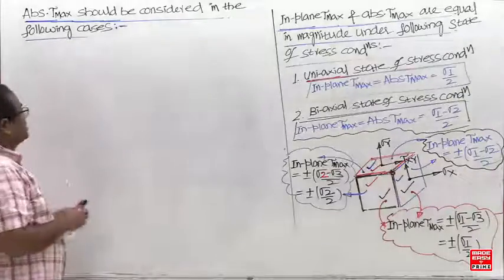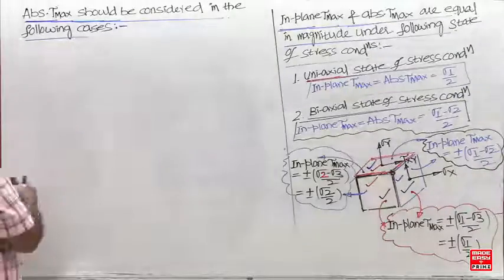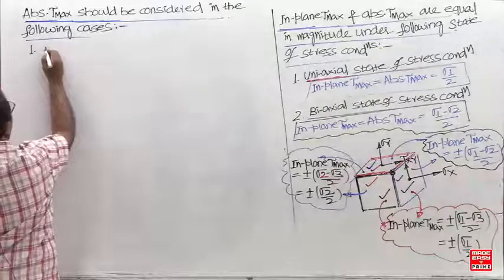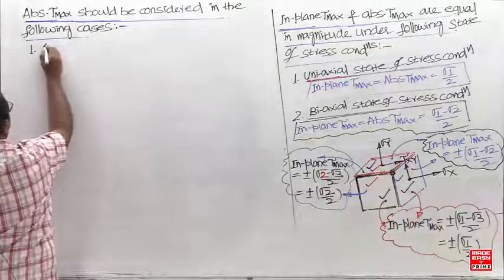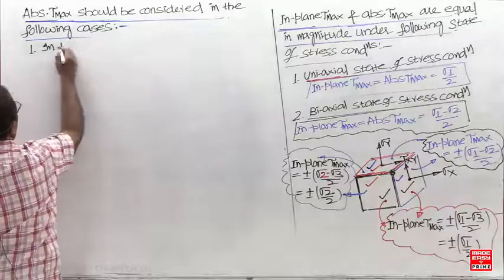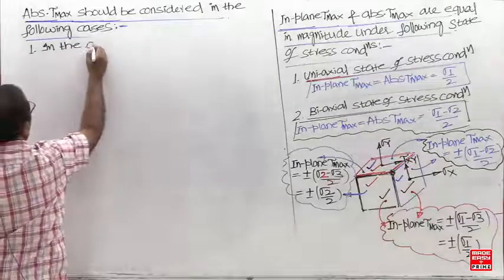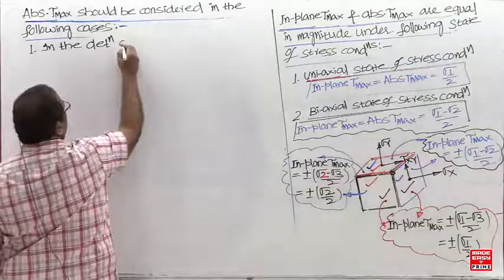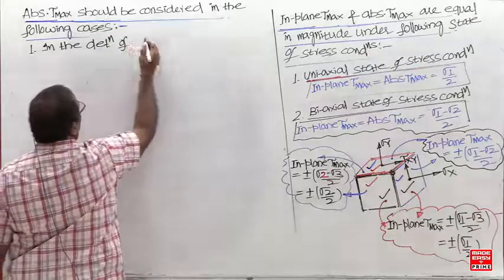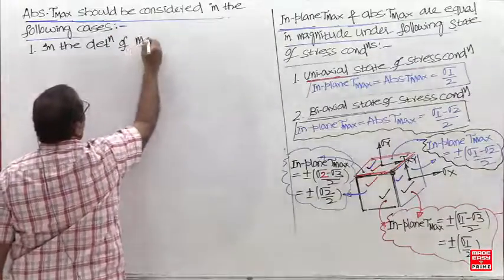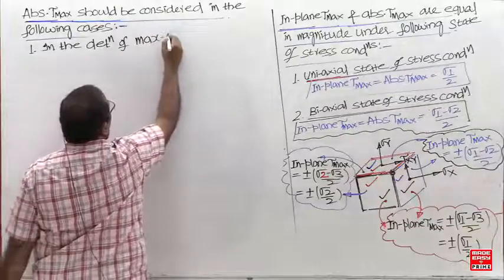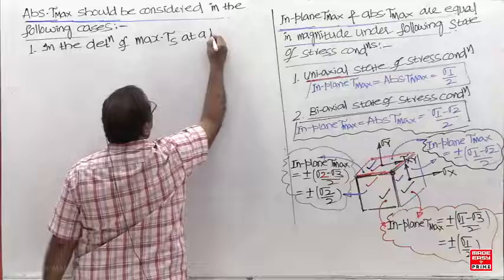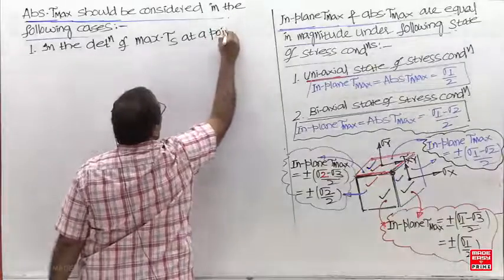Absolute tau max should be considered in the following cases or conditions. In the determination of maximum shear stress at a point. Whenever it is mentioned at a point, you have to go for absolute.